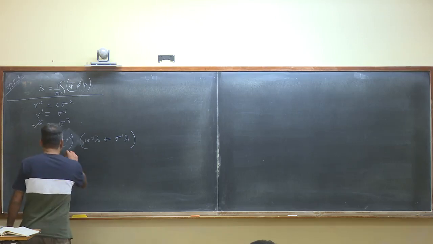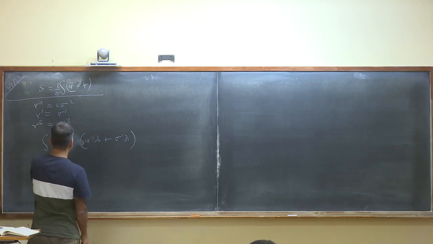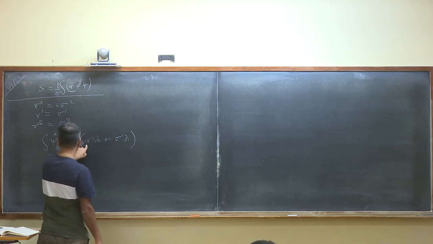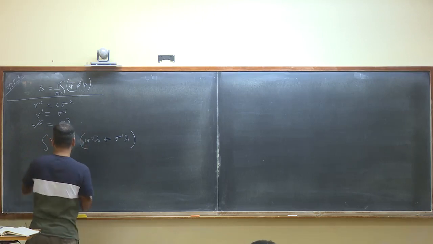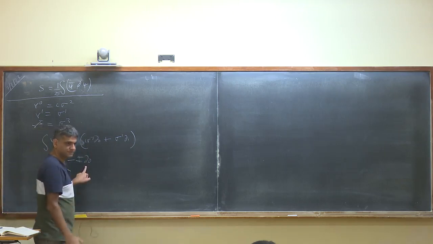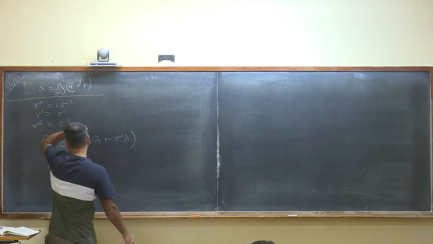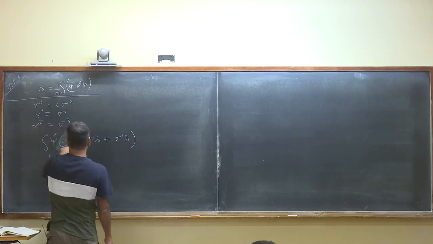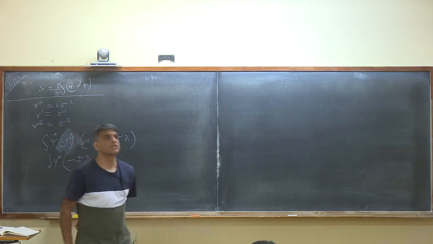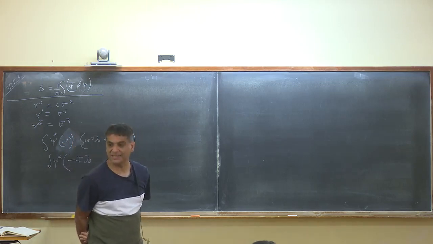So let us see what this gives us. This is i times i and sigma 2 squared. Sigma 2 squared is identity, and i times i is minus 1, so minus identity times del 0. And this one is sigma 2 times sigma 1, which is minus i sigma 3.